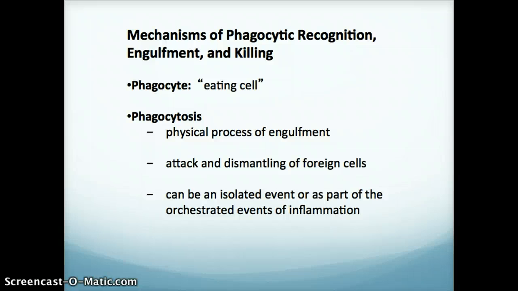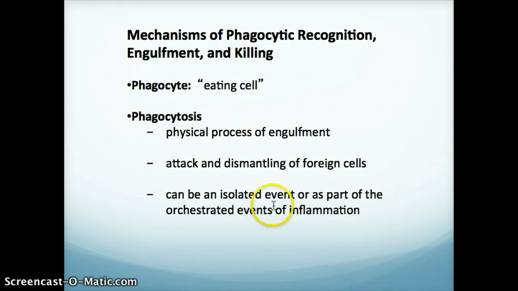So what are the mechanisms of phagocytosis? There are 3 main parts of it. The first is that it must recognize something as foreign, then it must engulf that foreign part, and then it proceeds to kill it. So phagocyte literally means eating cell, and so phagocytosis is that physical process of engulfing a foreign cell, attacking and dismantling it.